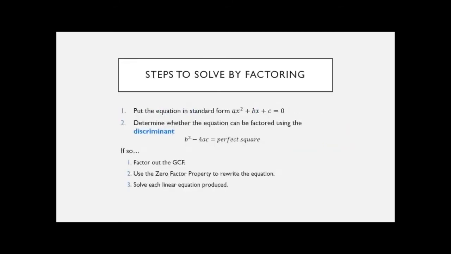So I've got the steps here in this next slide. And in order to start out, you have to put your quadratic in standard form, which is where everything is on one side and it's equal to 0. This is different from where we solve linear equations, because when you solve linear equations, you want the number on the opposite side. But in this case, we want the number on the same side.